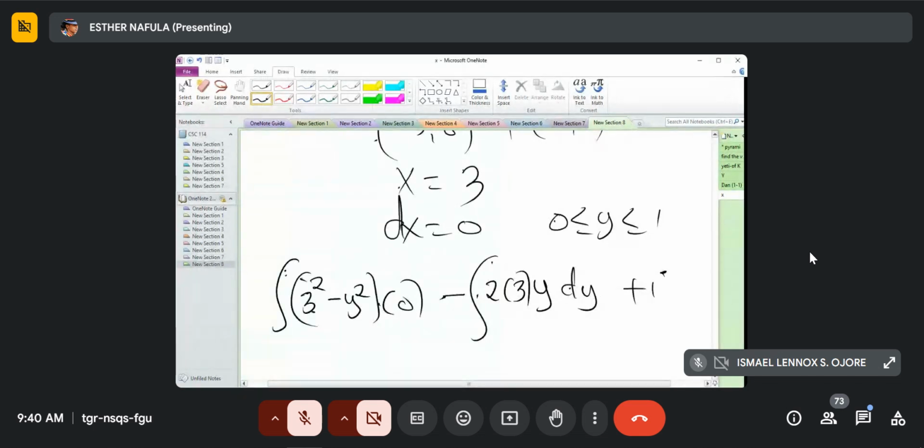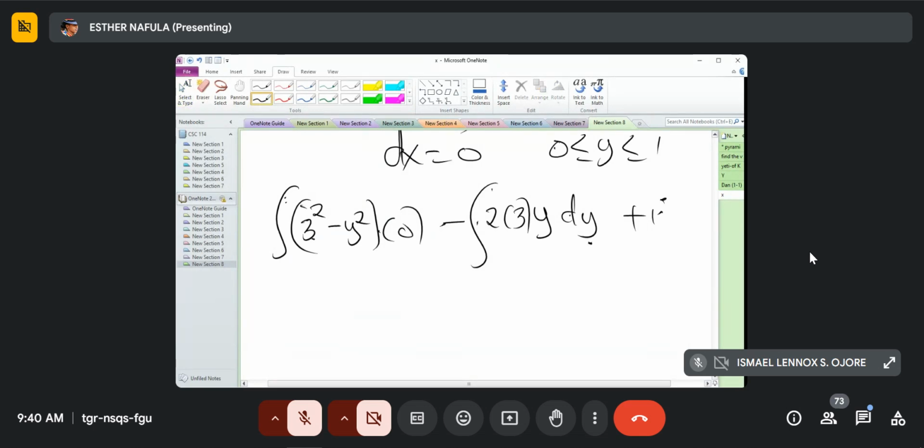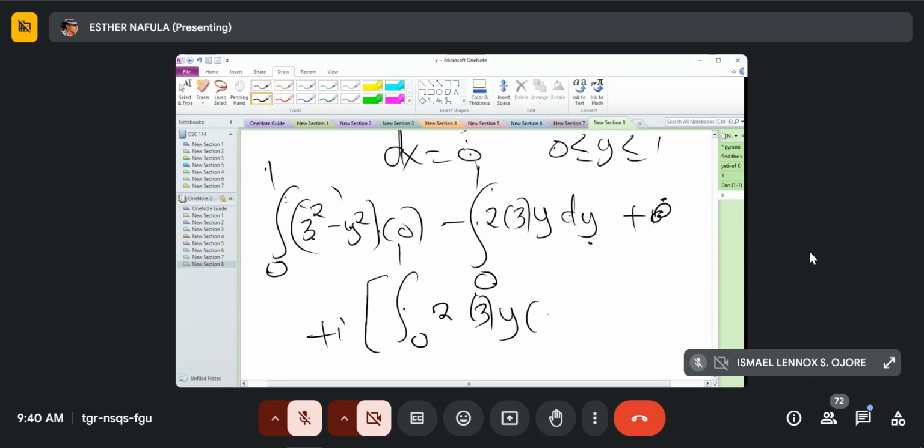plus i times, now let me just write this i down here, plus i into, we're integrating from 0 to 1, 2xy dx. x is 3 times y, dx is 0, plus x squared minus y squared, x is 3, 3 squared minus y squared dy.